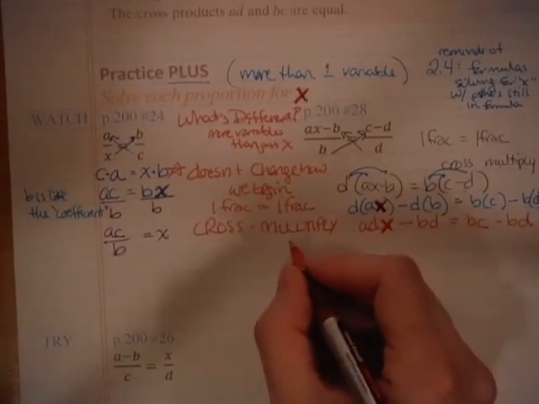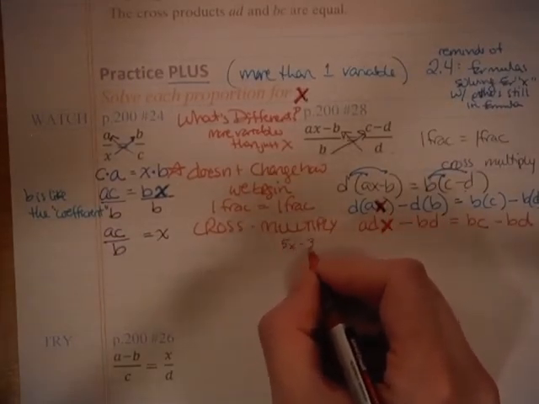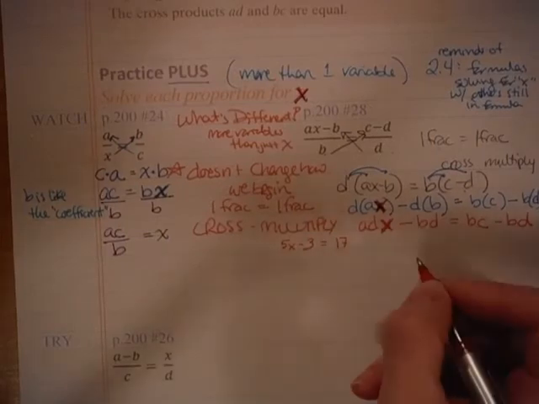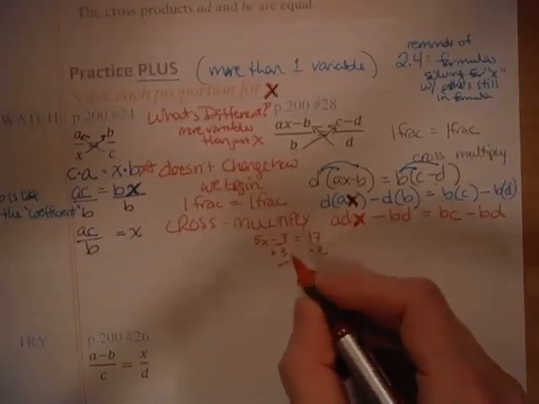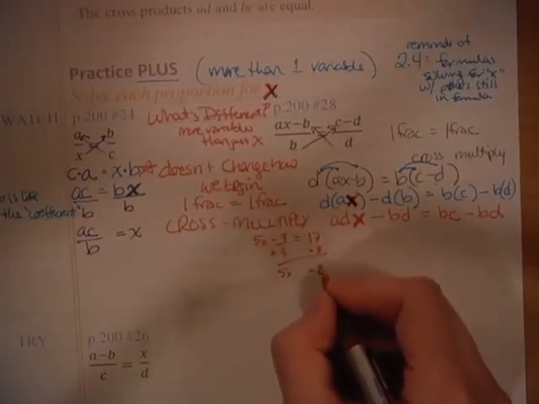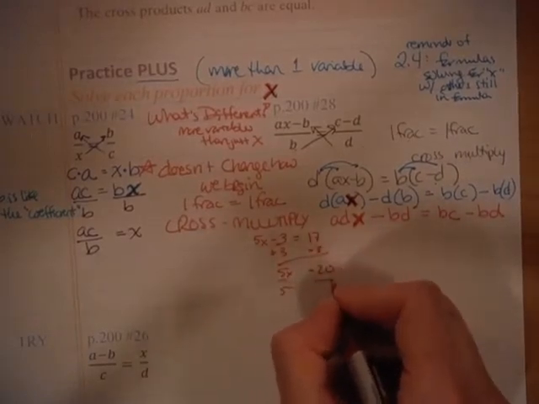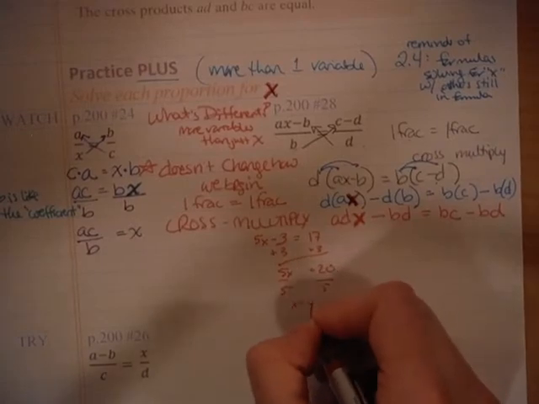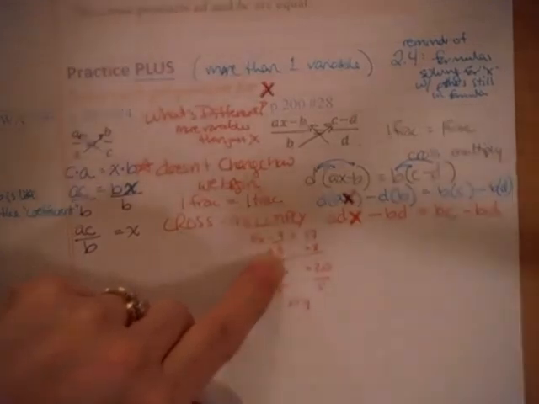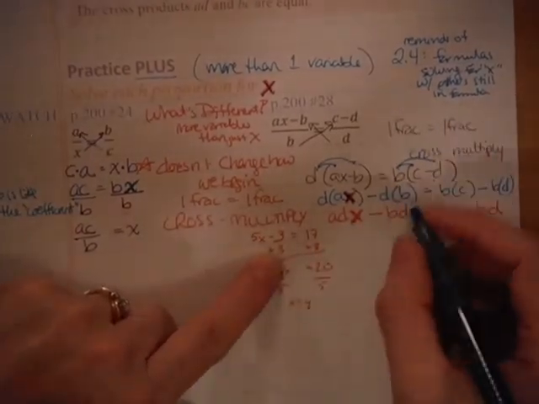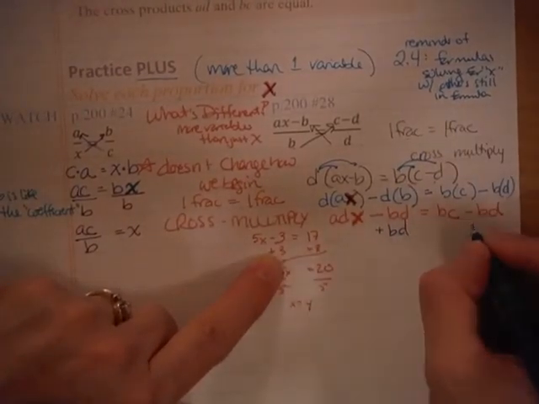It would be as if I had like 5x minus 3 equals some number, 17. What would I do first? I'd add the 3, get my answer, and then I divide by 5 and get my answer. Okay, same thing here. We're going to take what's being subtracted from and add that to both sides. So I'm going to add bd to both sides.